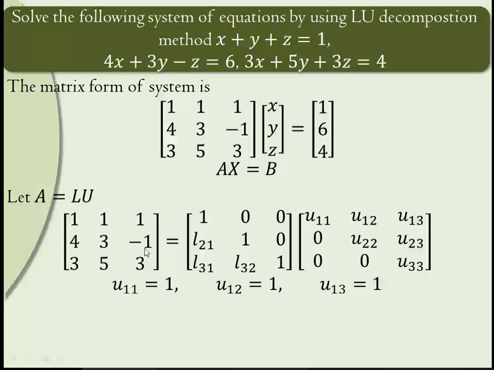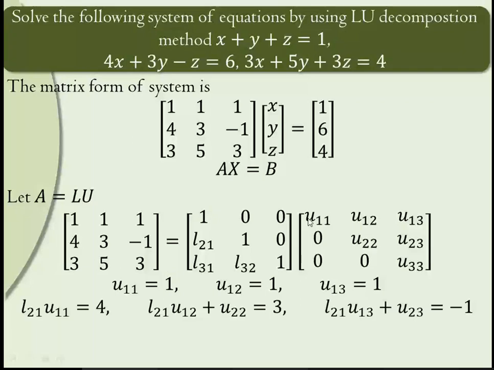So we get equations like this: L21 into U11 plus 1 into 0 plus 0 into 0 equal to 4. L21 into U12, 1 into U22, 0 into 0, that will be equal to 3. Like that, the second row third column gives us an equation equal to -1.